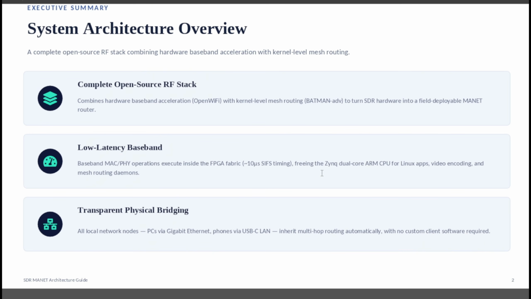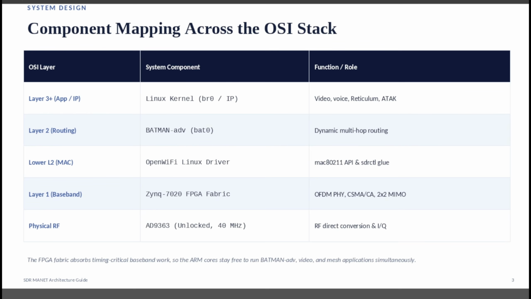Now let's go into component mapping across the OSI stack. Here you can see how each piece of the system maps into the OSI model. At the top, layer 3 and above, the Linux kernel handles IP traffic, video and voice, Reticulum, ATAK.